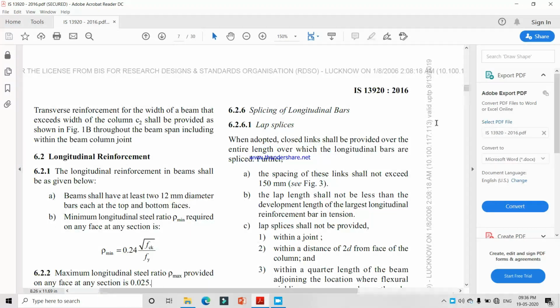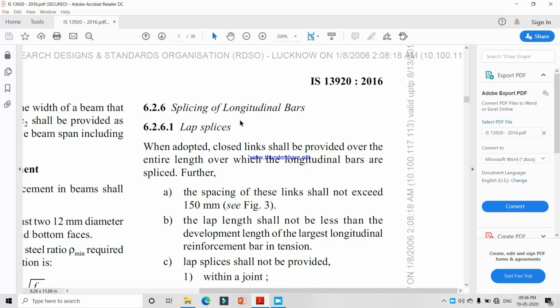These are the splicing of longitudinal bars. When lap splice is adopted, closely spaced links shall be provided over the entire length. That means we provide close spacing over the lap splice.